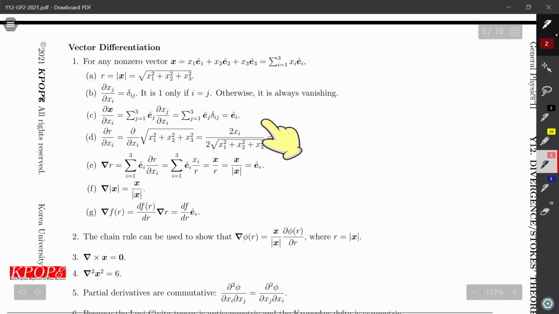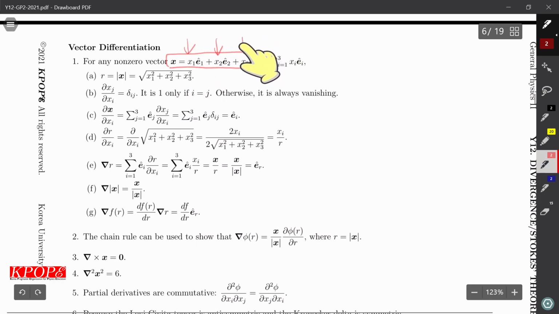Vector differentiation. We have a position vector, where the x component is x1, the y component is x2, and the z component is x3.